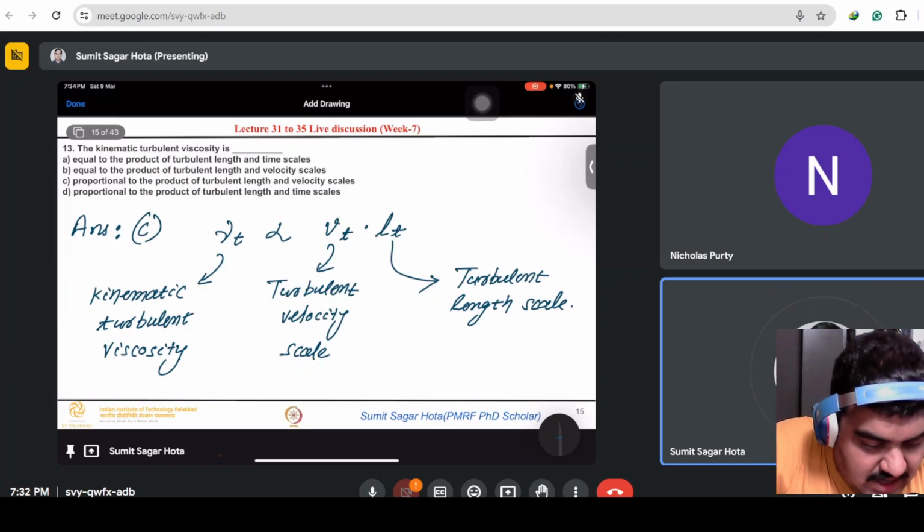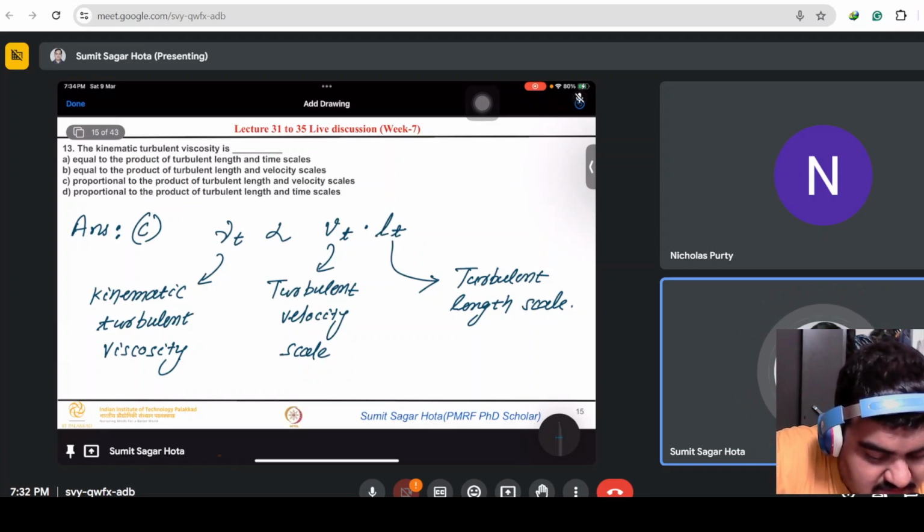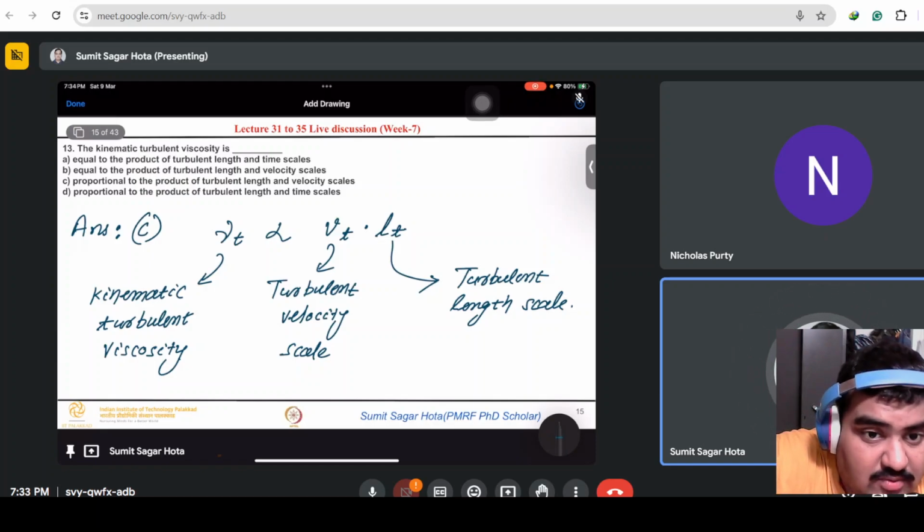So kinematic turbulent viscosity is proportional to the product of Vt and Lt, which are the turbulent velocity scale and the turbulent length scale.